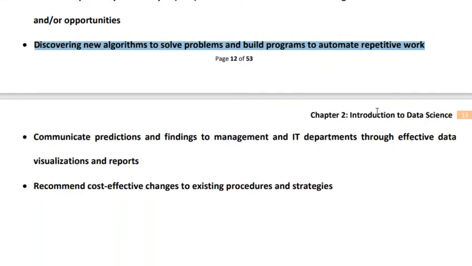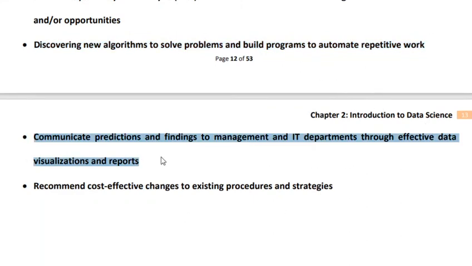Then effective communication is also one of the responsibilities of data scientists. One should be capable of communicating whatever predictions and findings he has made to the relevant stakeholders, not only to the IT department, so that corrective or adaptive actions can be initiated.